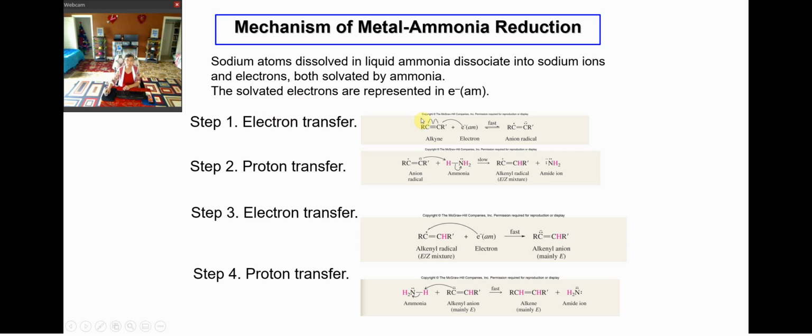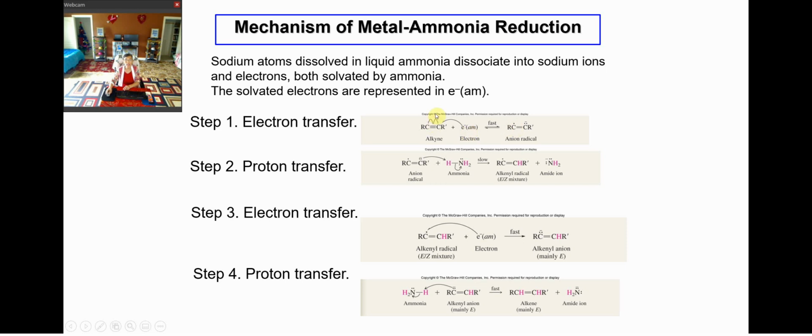First step, if you have your alkyne, this triple bonded carbon, you are going to subject it to homolytic bond cleavage, meaning one of the pi bonds is going to undergo homolytic bond cleavage. One electron is going to be retained by one carbon.